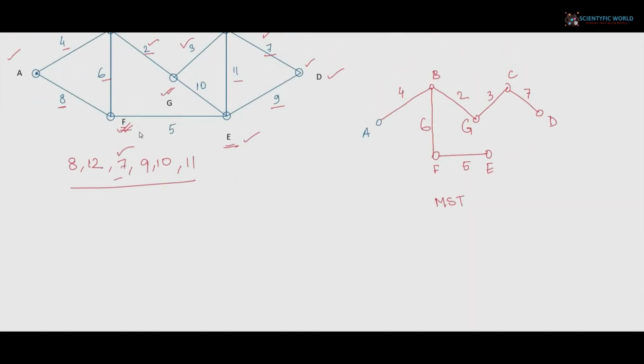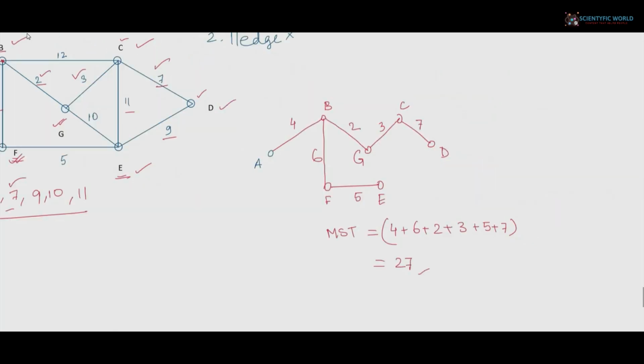Now, the value of this minimum spanning tree is 4 plus 6 plus 2 plus 3 plus 5 plus 7. That is 27. So this is how we find MST using Prim's algorithm.